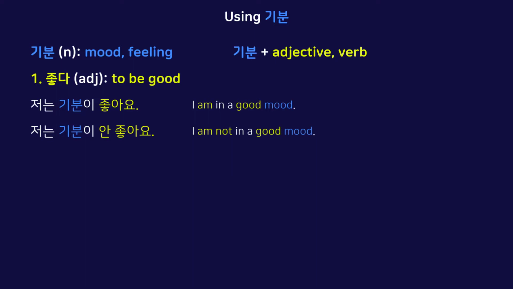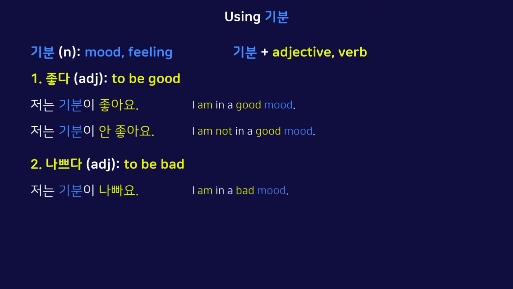저는 기분이 안 좋아요. However, another common adjective we use with 기분 is 나쁘다. 나쁘다, which means to be bad. So if we say 저는 기분이 나빠요, it means I feel terrible or I'm in a bad mood. And this is similar in meaning to 저는 기분이 안 좋아요.